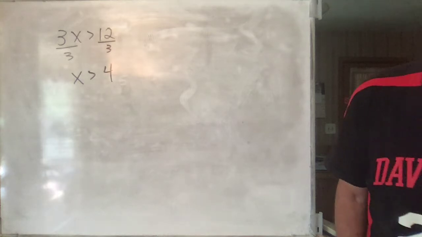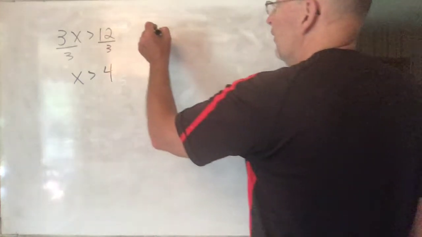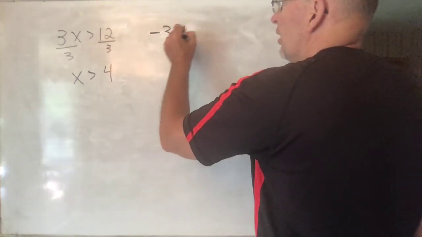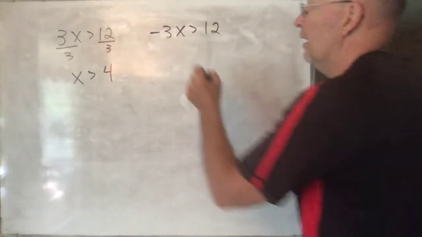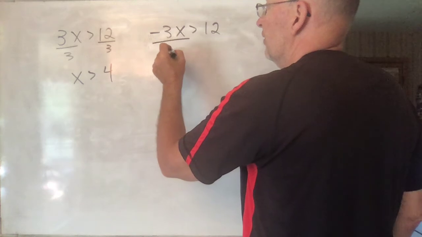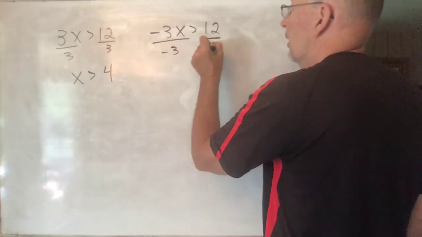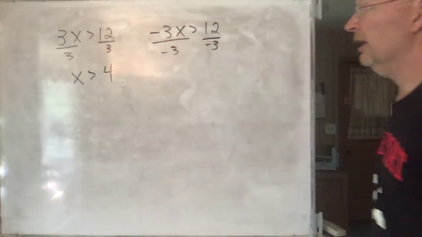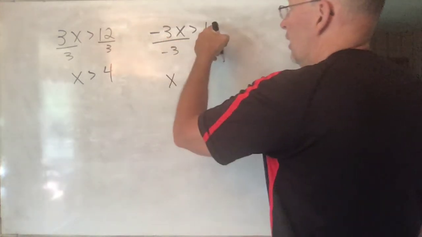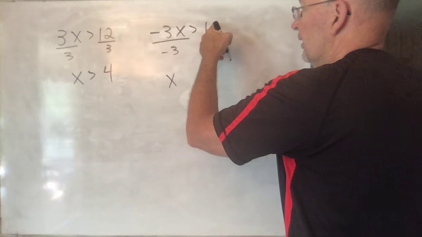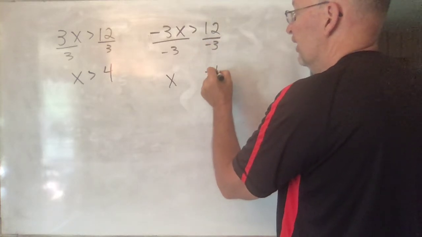Okay? How about this one? What if you have negative 3x is greater than 12? Then you can divide both sides by negative 3. And we're going to get x on this side. 12 divided by negative 3 is negative 4.